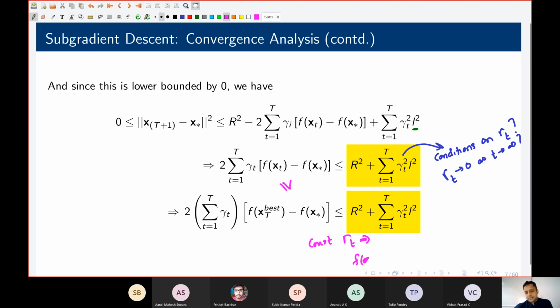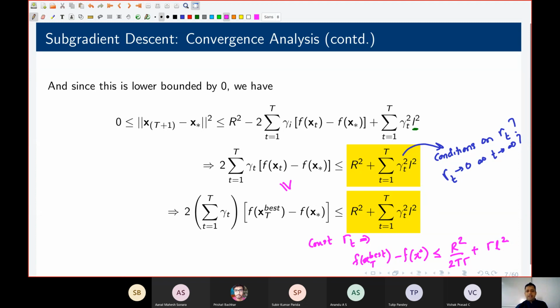So you'll have f of x t best minus f of x star is less than or equal to r square by 2t gamma plus, oh sorry, the t will get cancelled, right? Plus gamma L square, something like this.